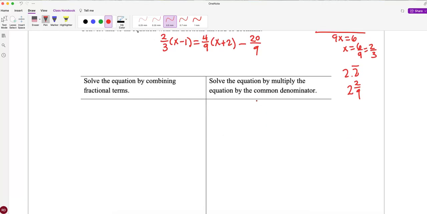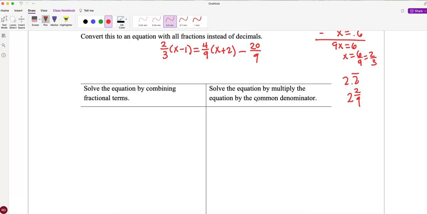Now I'm going to work this problem two ways. Work it with the fractions or work it by eliminating the fractions. So if I work it with the fractions, I'm going to get what? Distribute: 2/3 x minus 2/3 equals 4/9 x plus 2 times 4/9 is 8/9 minus 20/9.